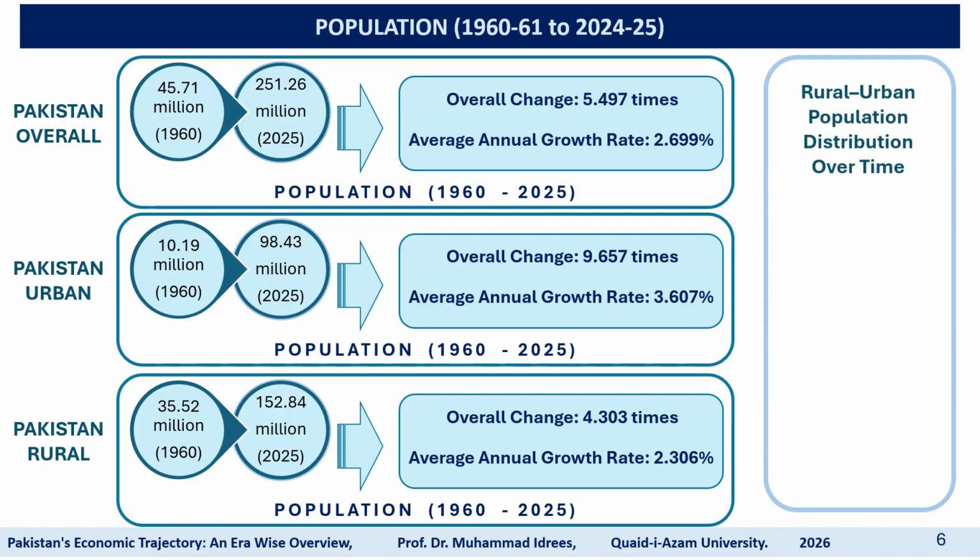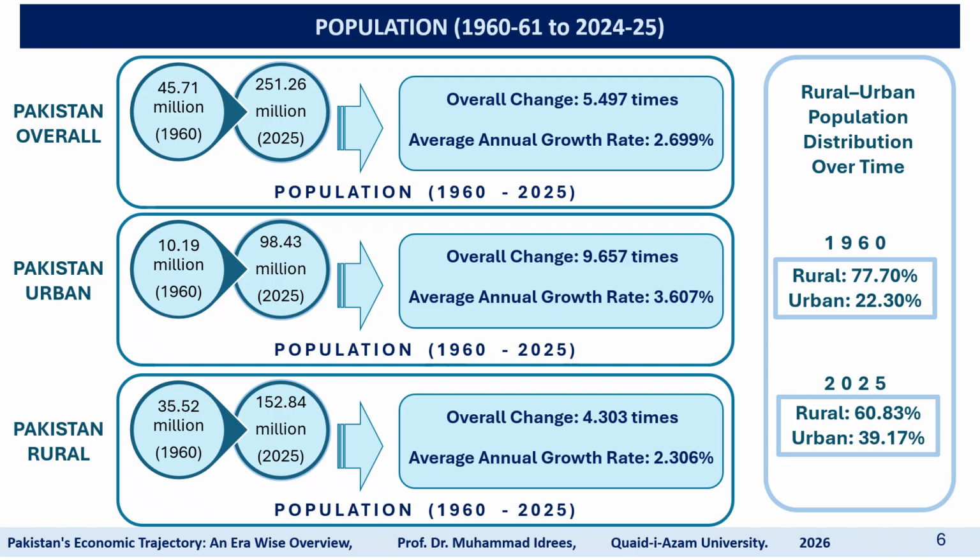Just have a look at the rural-urban population distribution over time. In 1960, 77.7% of the total population was from rural areas, whereas the share of urban areas in total population was just 22.3%. In 2025, the share of the urban sector increased to 39.17.